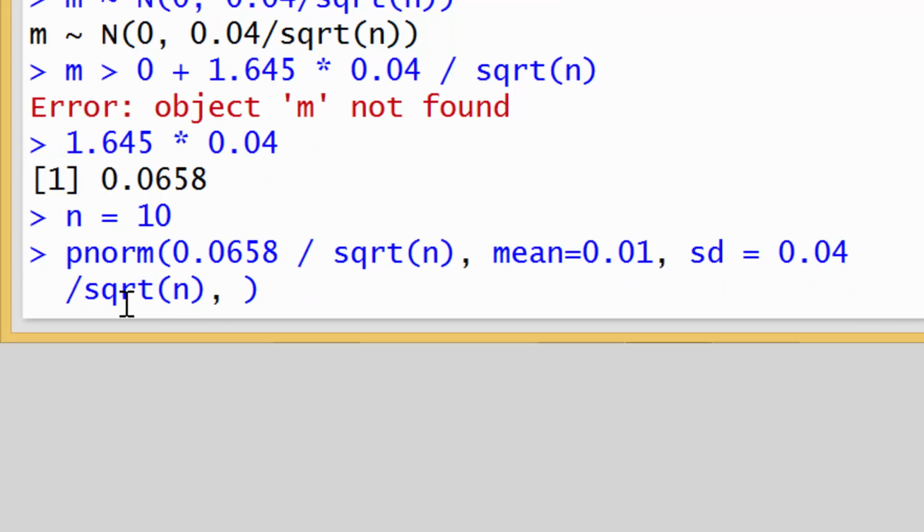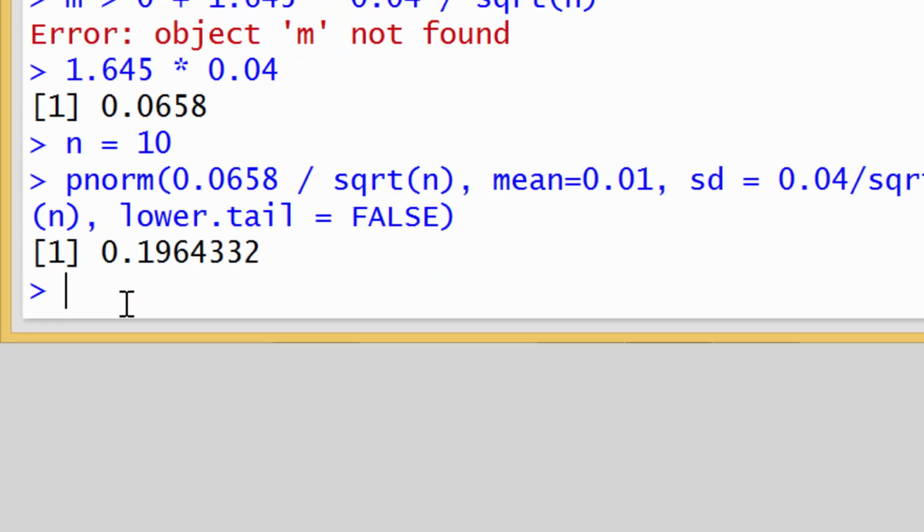And remember, we're doing the greater than test, so we want lower.tail equals FALSE. So that would be 19% if n was 10.